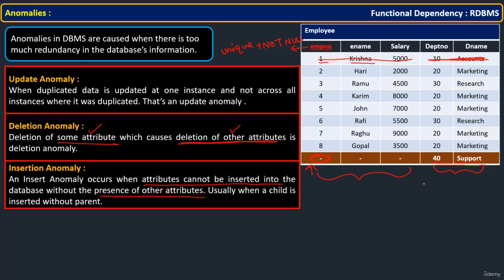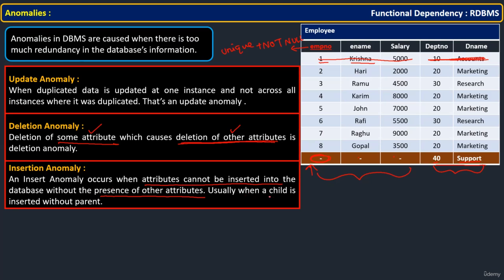So the simple example is that if you started a new department, we are unable to update it in the employee table because these three attributes' information we don't have, or at least employee number we don't have right now. So because you have to place null, that is not allowed under the primary key. So this is called insertion anomaly.